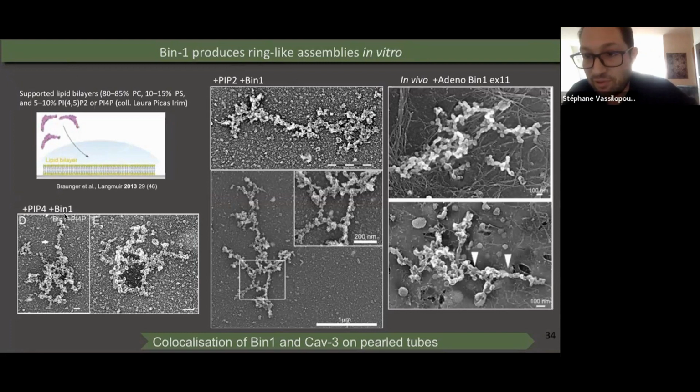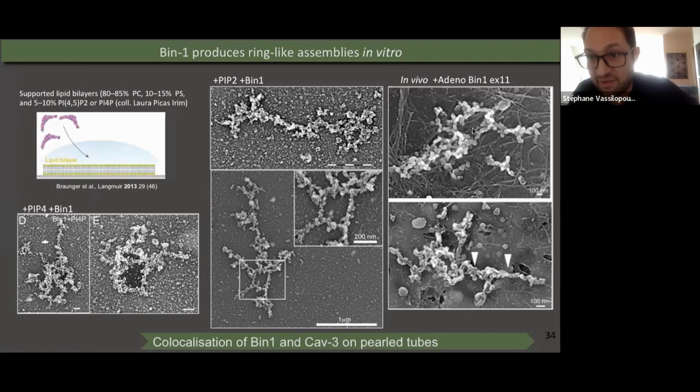And she saw that with both phosphoinositides, but especially with PIP2, bin1 was capable of assembling completely in vitro. There is no caveolin in this case, assembling into these circular skeleton-like protein structures, from which these tubes and scaffolds emanate. And it is very characteristic that there is always one central tube, and there are all these side tubes, scaffolds, which are shorter than the longer one in the middle.